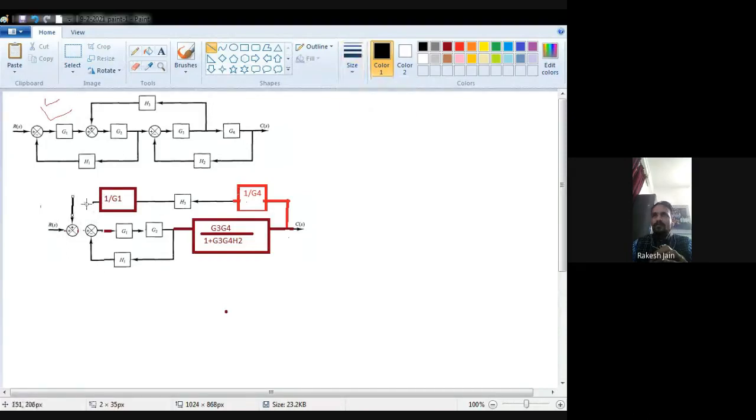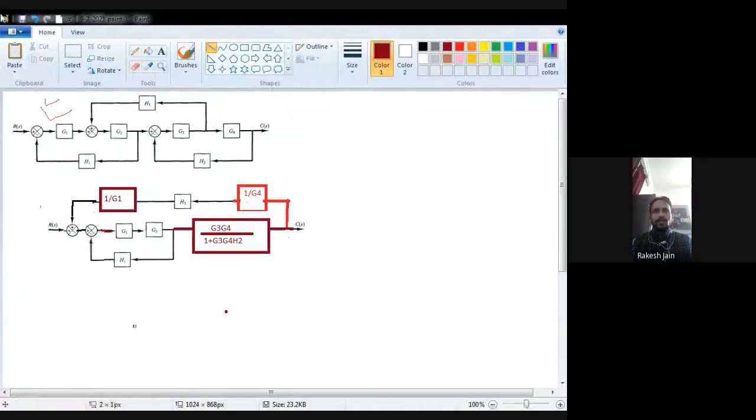Okay, now see, there are two summing junctions, one is this and one is this. Directly we are not able to solve this feedback loop because there are two summing junctions. So we can simplify this without any rule. Consider this, that we can interchange the summing junctions.